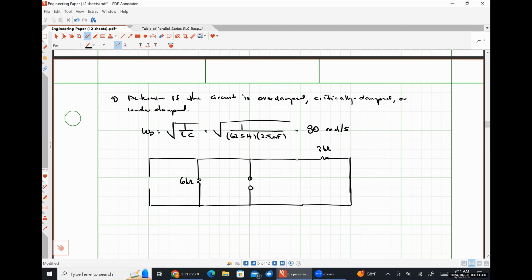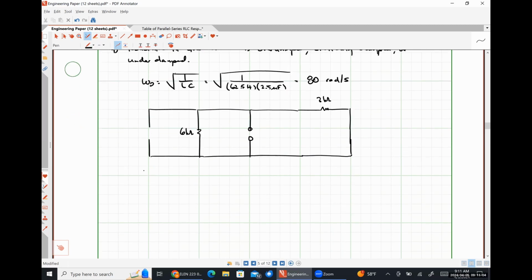To me, it looks like 6 kiloohms in parallel with 3 kiloohms. So 18 over 9 is 2 kiloohms.